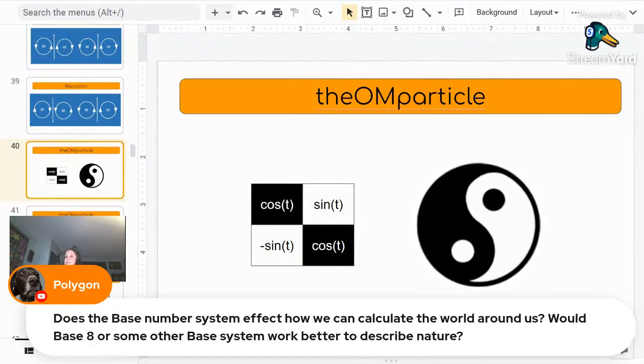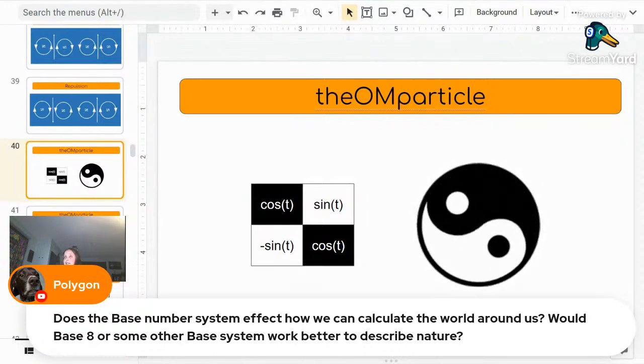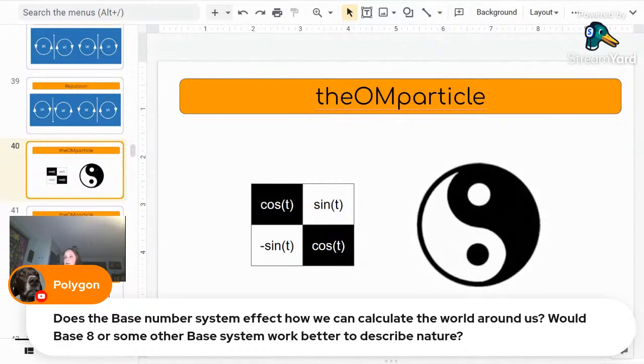So 360 is extremely divisible. So 360 degrees for dividing up a circle, dividing up a pie. You can divide it evenly in so many ways, and that's why they use 360 degrees for doing geometry, for doing circular geometry.